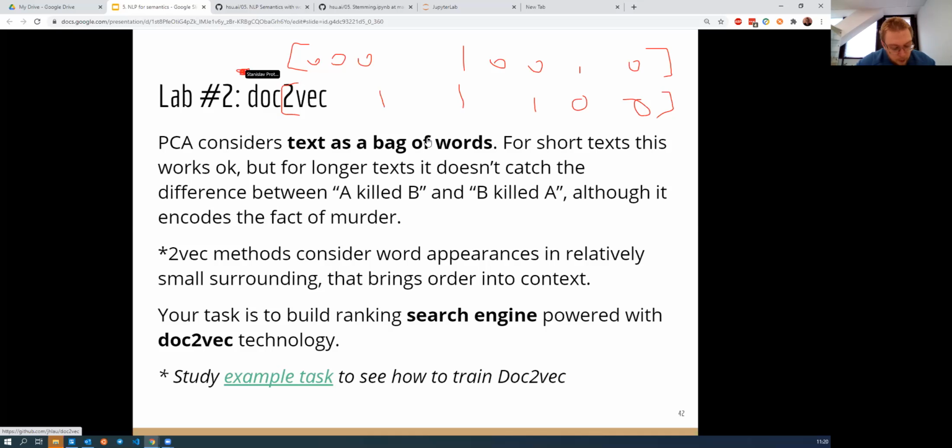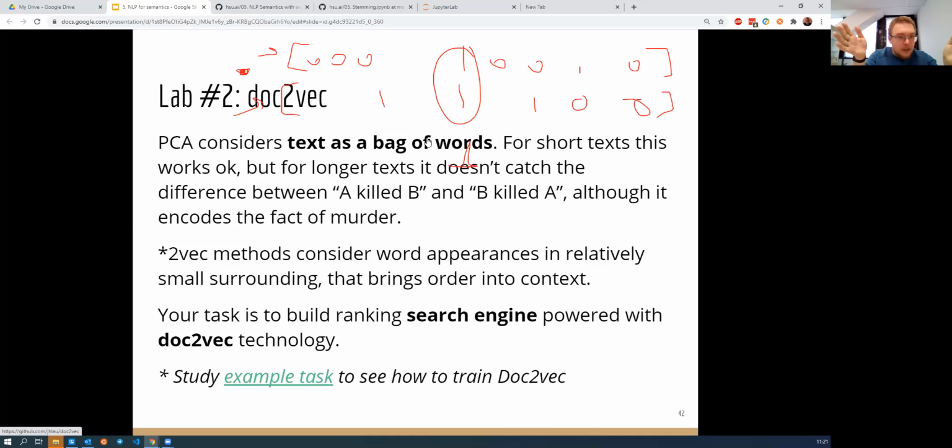You multiply this vector by this vector, and whenever the position matches, you get 1. So the more intersections, the bigger the dot product for the two vectors. The algorithm of the inverted index is the simplest form of dot product of vectors with zeros and ones.